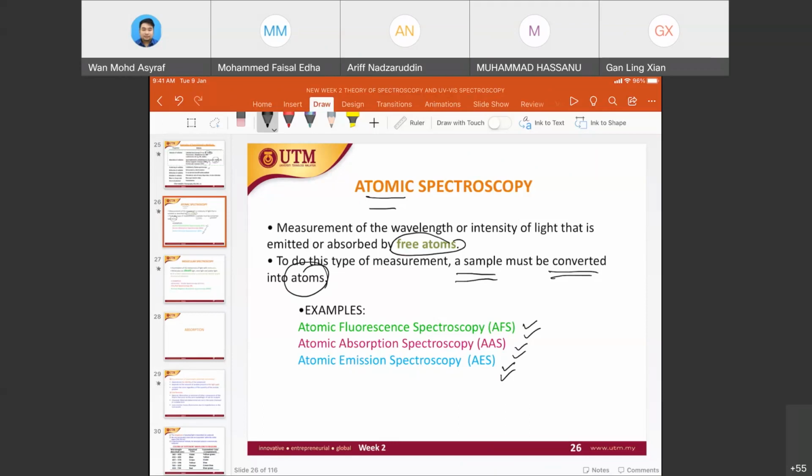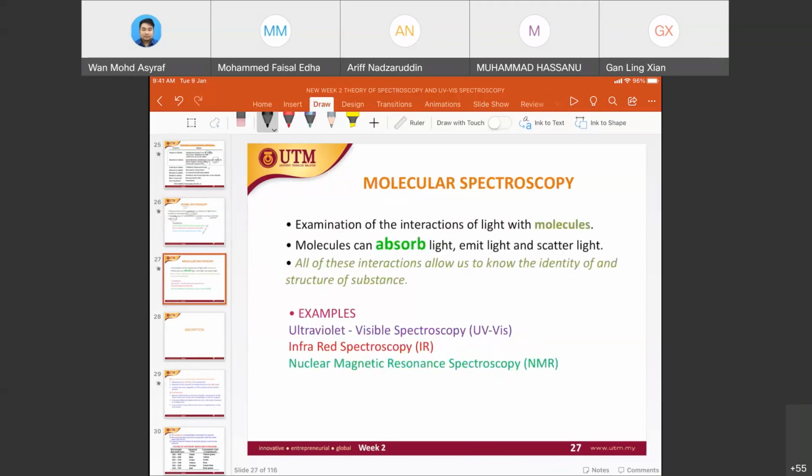For molecular spectroscopy, it is the examination of the interaction of light with molecules, not atoms. An atom is just one atom; if there are a lot of atoms, it is called a molecule. Molecules can absorb light, emit light, and scatter light. This kind of molecular spectroscopy covers ultraviolet-visible, infrared, and maybe NMR.